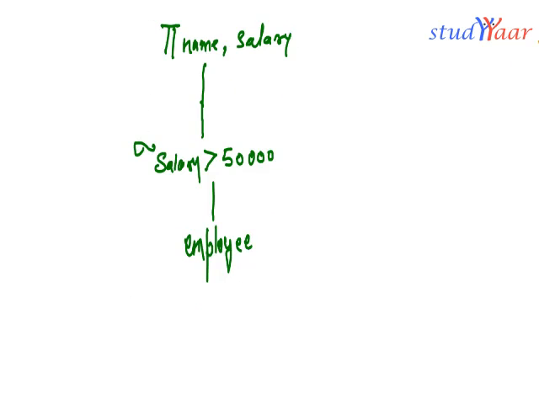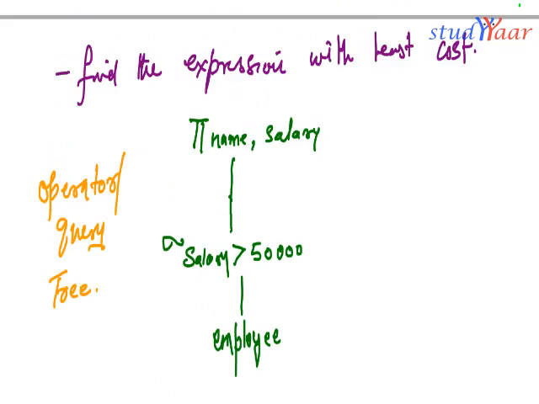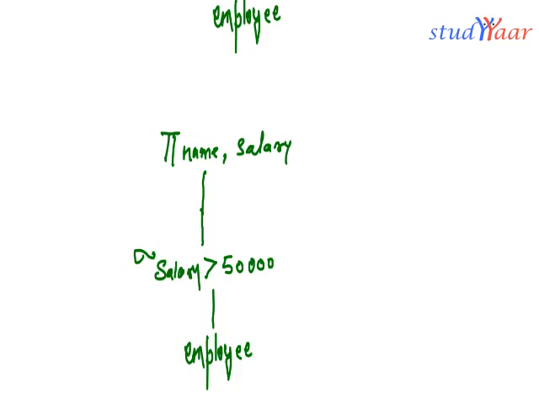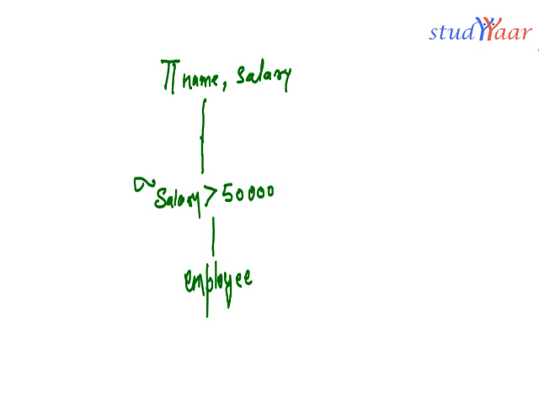Okay, so after I have found out the cost of all such query trees, I decide that this particular relational algebra with this particular algorithm is giving me the least cost. So I represent this in a query evaluation plan.